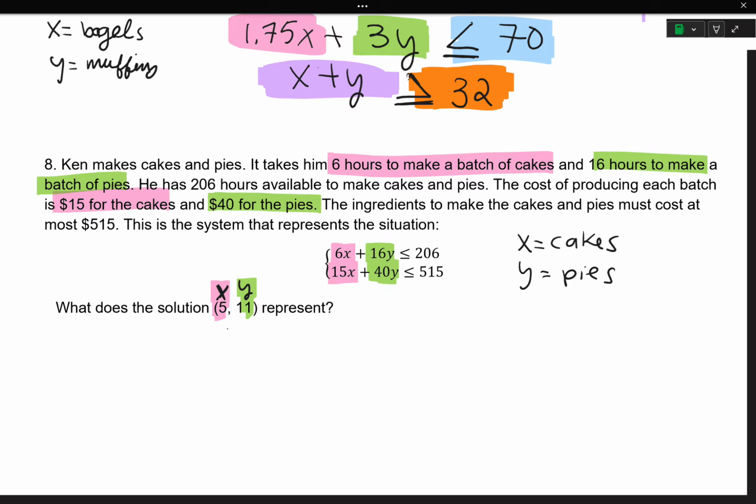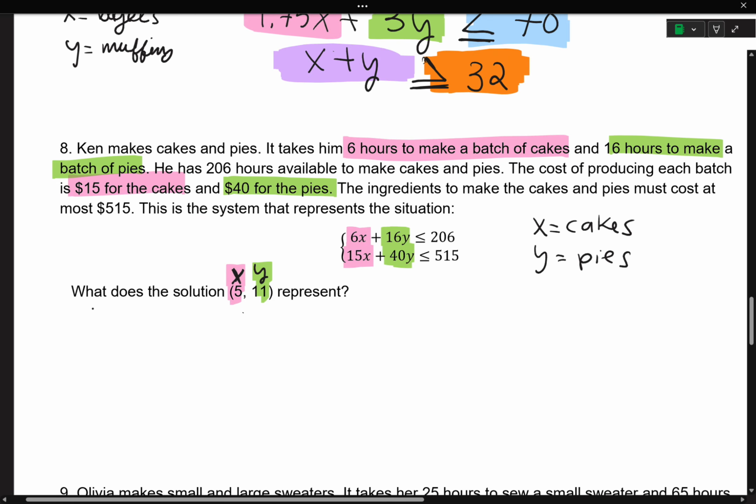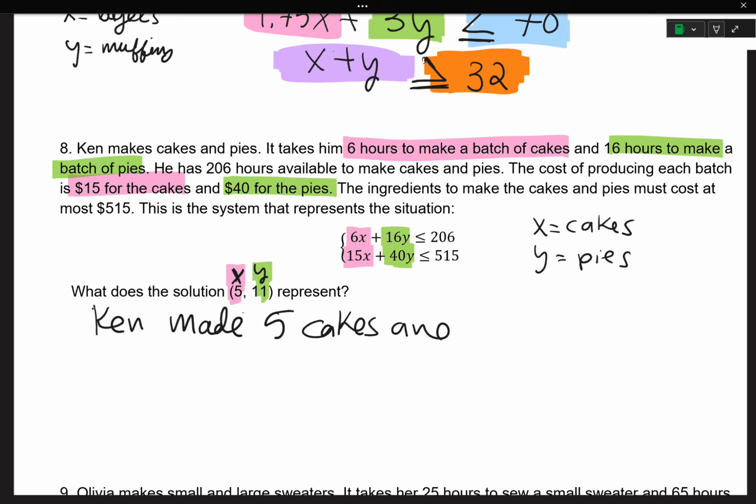So what does (5, 11) represent? (5, 11) represents the amount of cakes and pies. Ken made 5 cakes and 11 pies. That's what (5, 11) represents.